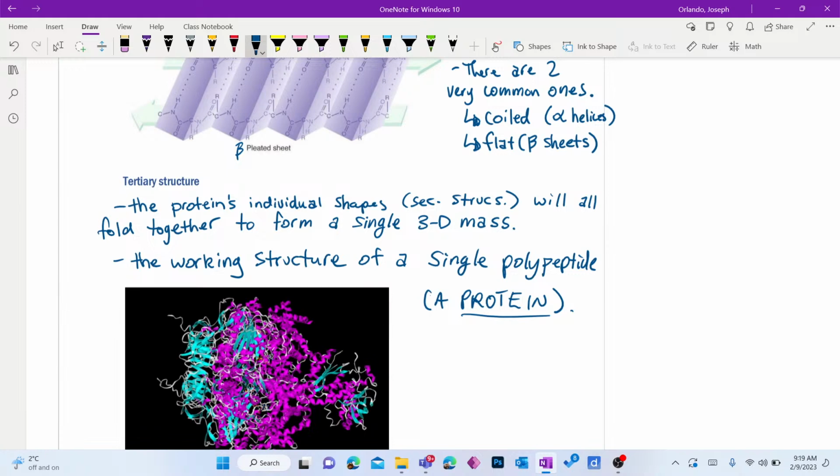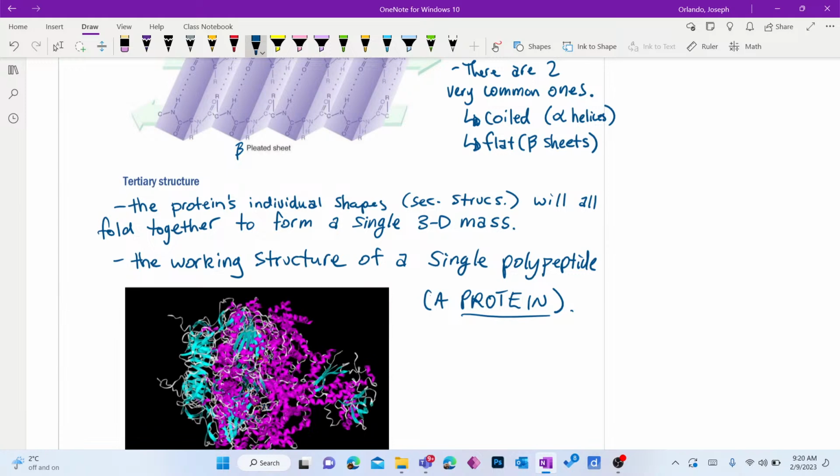It's a big convoluted shape. Imagine, because some proteins have millions of atoms in them, if you had a string of millions of Christmas lights and you let that get tangled. It could make a really big, complicated shape. That's what we're talking about here. Does that make sense? So primary is just the straight chain.